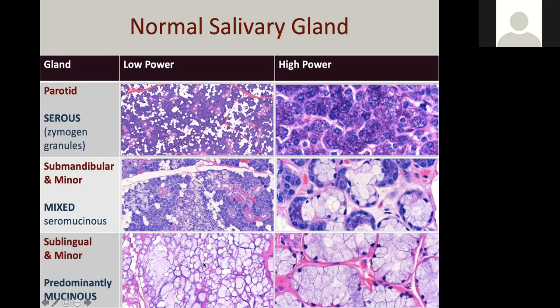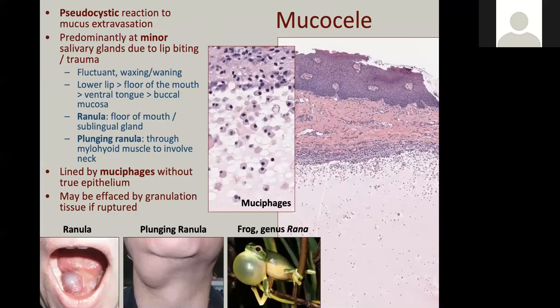And then there are some minor glands, as well as the sublingual gland, that's pretty much mostly or entirely mucinous. So again, you can see mostly just the watery cytoplasmic contents with very few to none of the purple digestive enzymes. So that's how we can sometimes know where we are in the salivary gland anatomy.